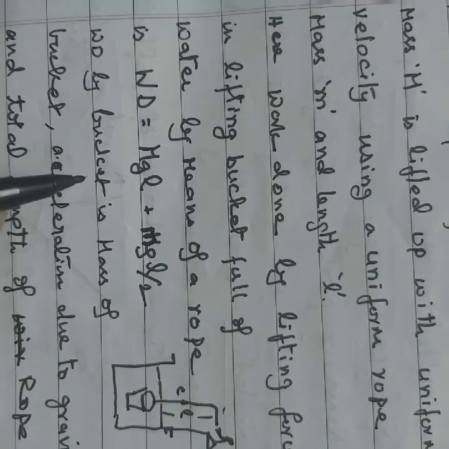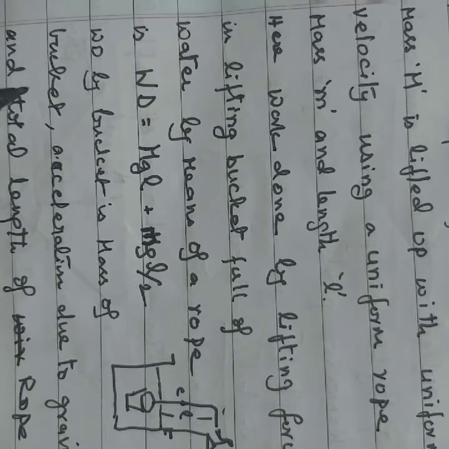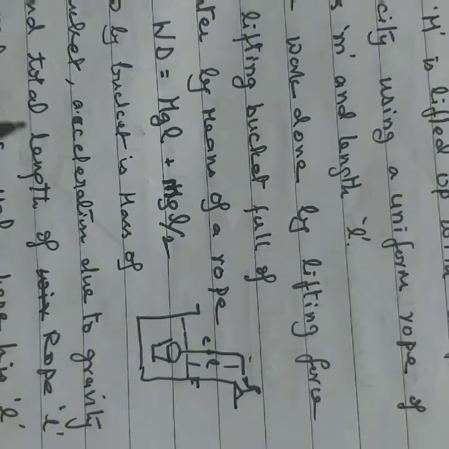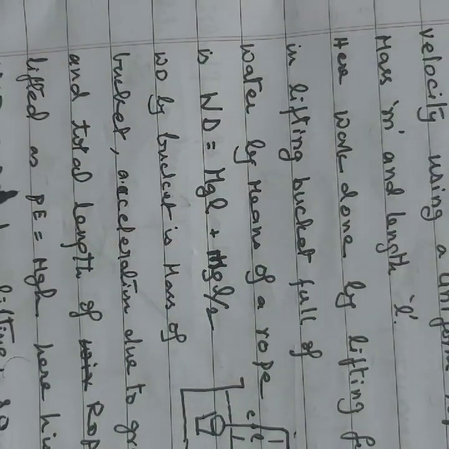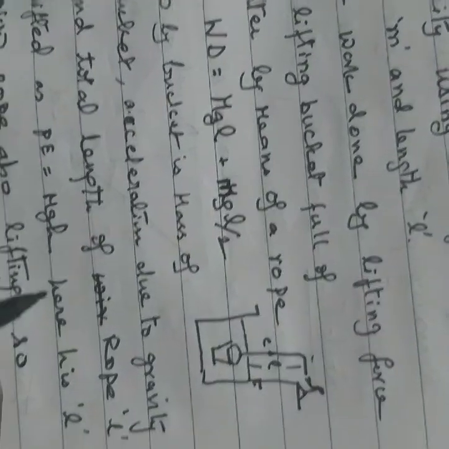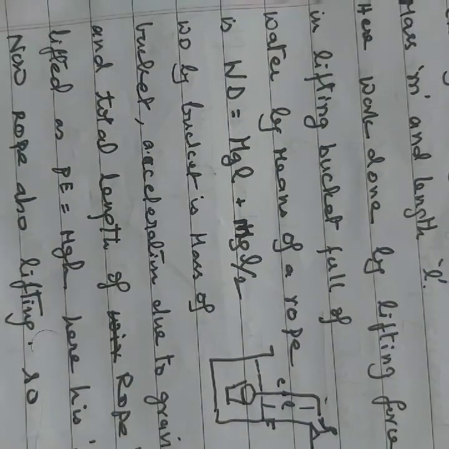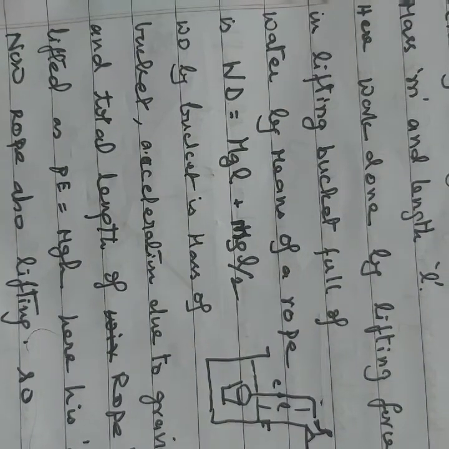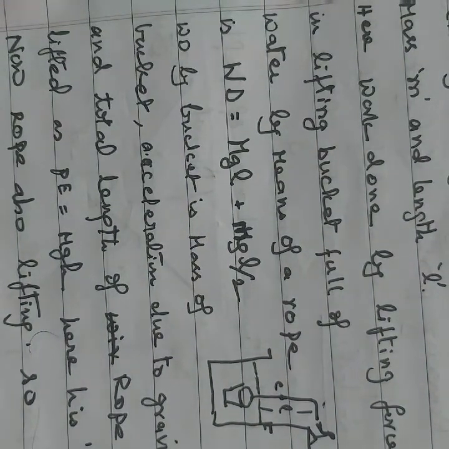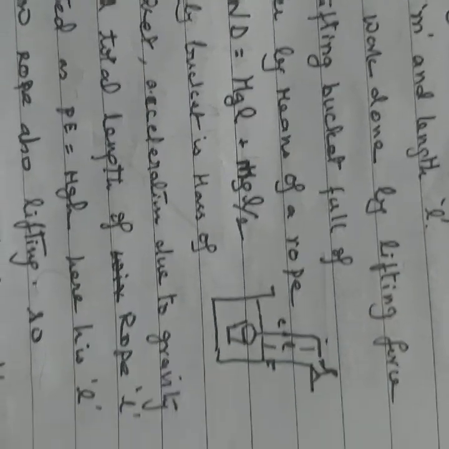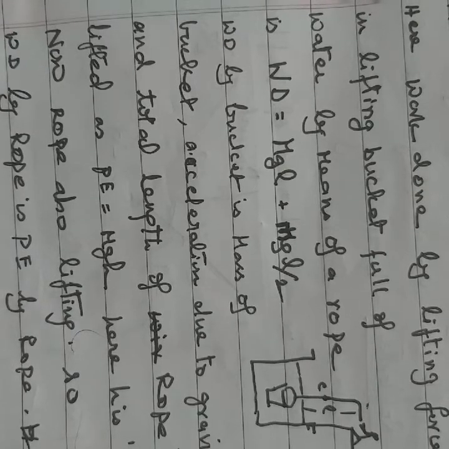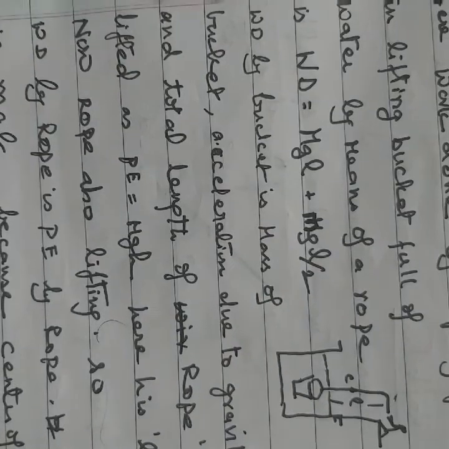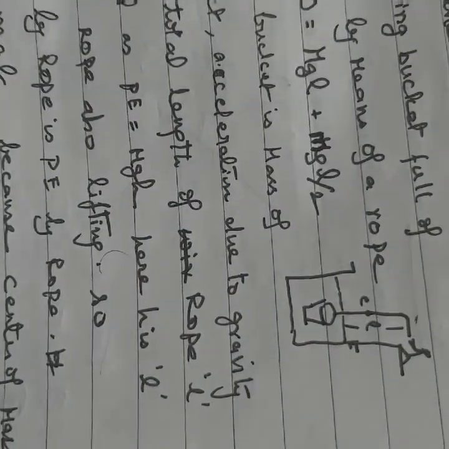So work done by the bucket is mass of the bucket, acceleration due to gravity, and total length of the rope L lifted, as potential energy comes as mgh. Here h is L. Now the rope is also lifting. So work done by the rope, potential energy considered for the rope, is mg L by 2, because the center of mass of the rope is at the center of the rope.